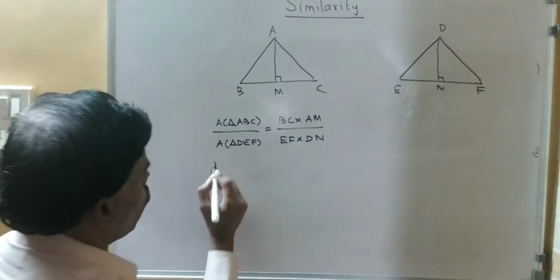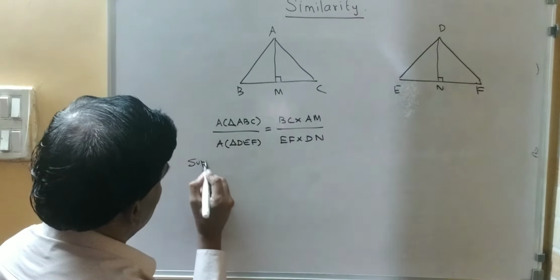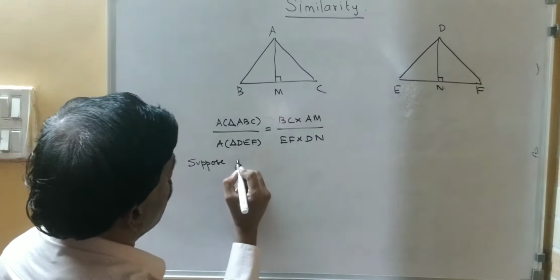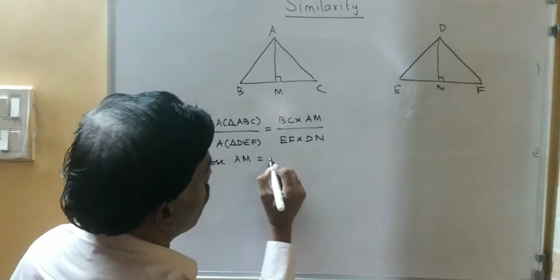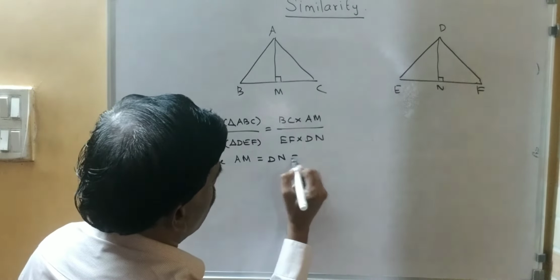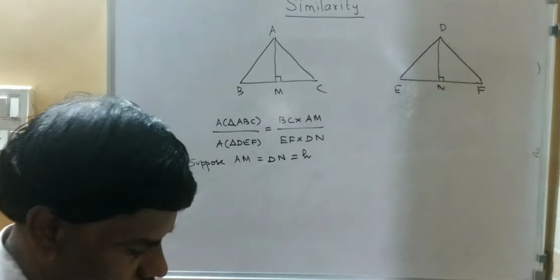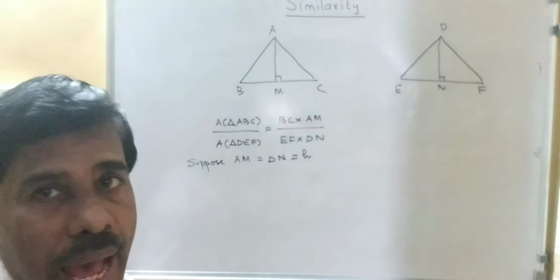Now, suppose AM is equal to DN equal to H. Both have the same height.